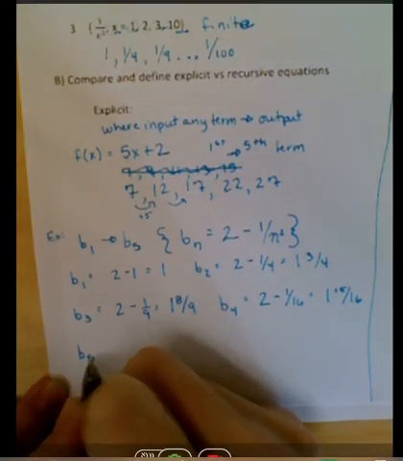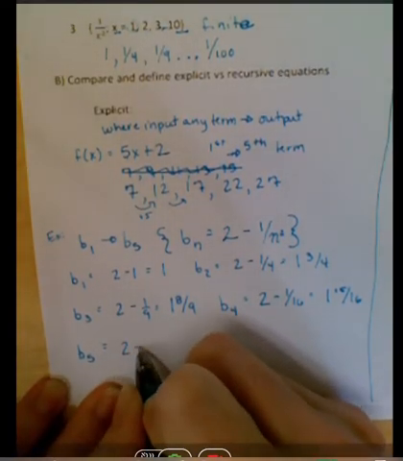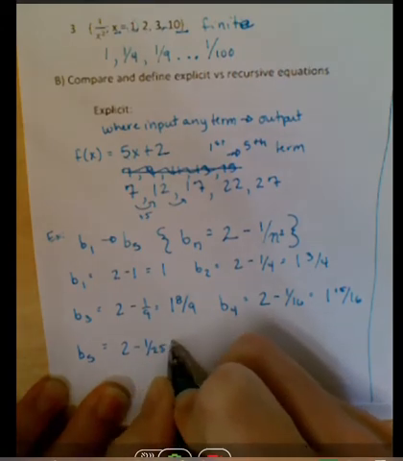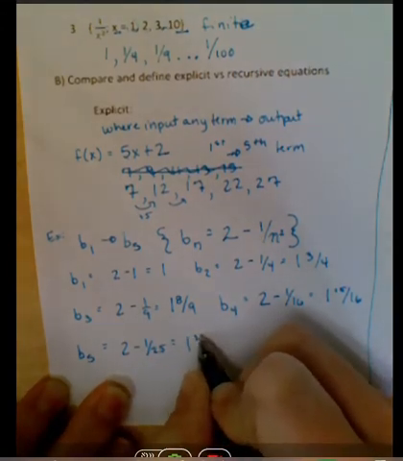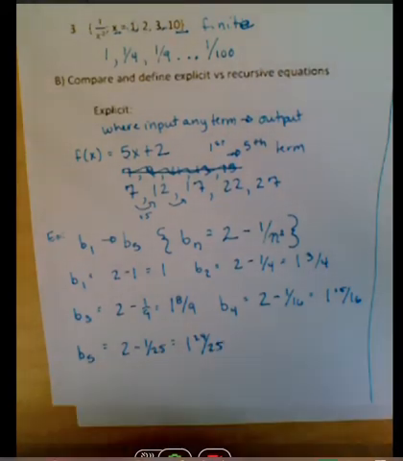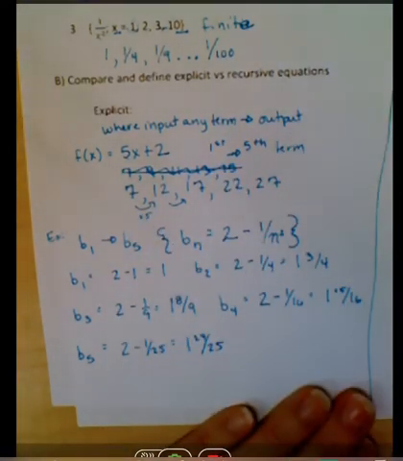And then b sub 5 would be 2 minus 1/25. So 1 and 24/25.